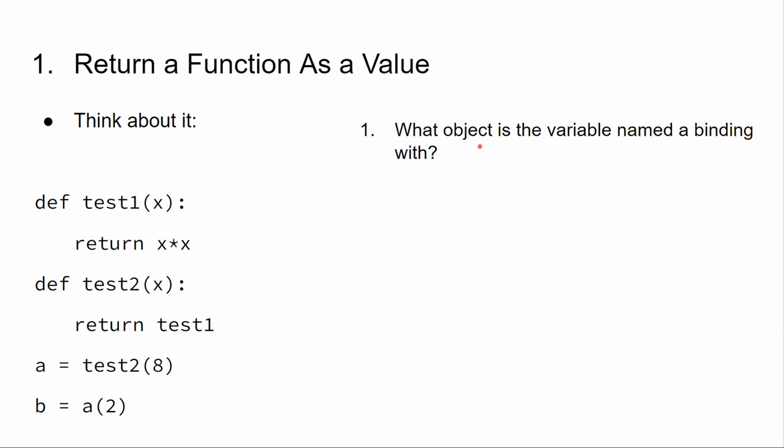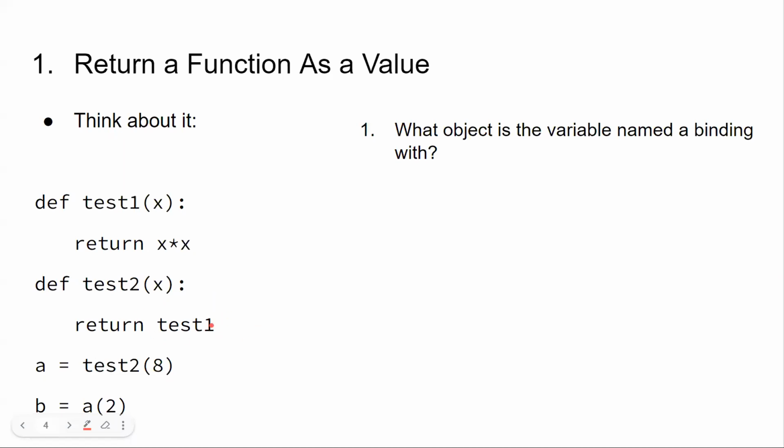So let's see. What object is the variable named a binding with? We see the assignment line a equals test2(8). So we have the function call, we open up the function frame, and we pass 8 into the function test2, and then we return test1.